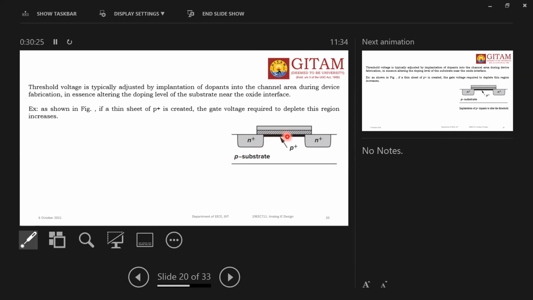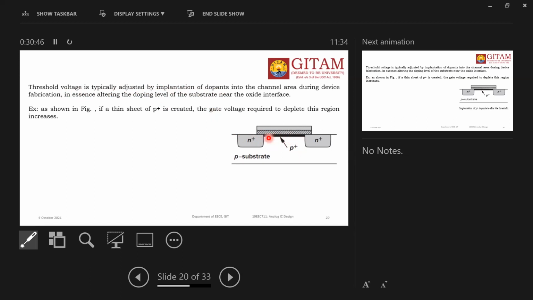See, this is the oxide layer, this is the polysilicon, and these are the source and drain. Below the oxide layer you see a thick black line, which is one implantation layer inserted.